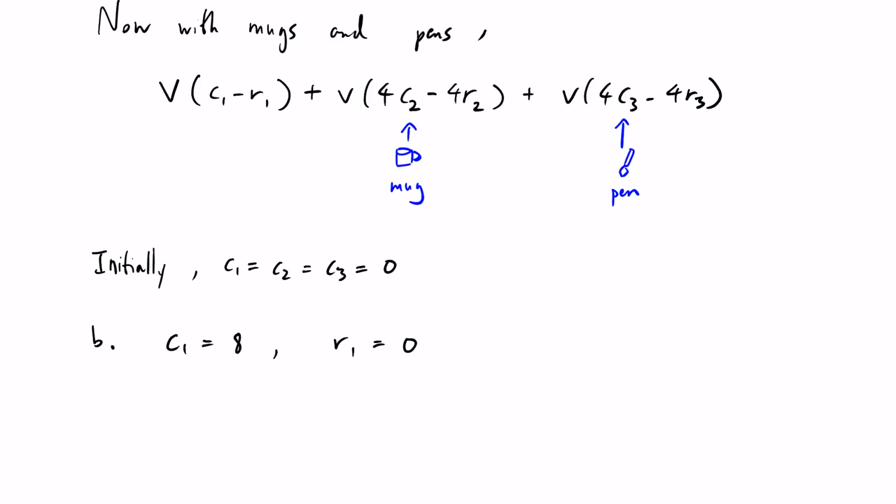He did not expect to receive the money. Now he's given a mug, and he does incorporate this into his reference point. So C2 equals 1, and R2 is also 1. And there's no pen, so C3 is 0. He is also not expecting any pen.